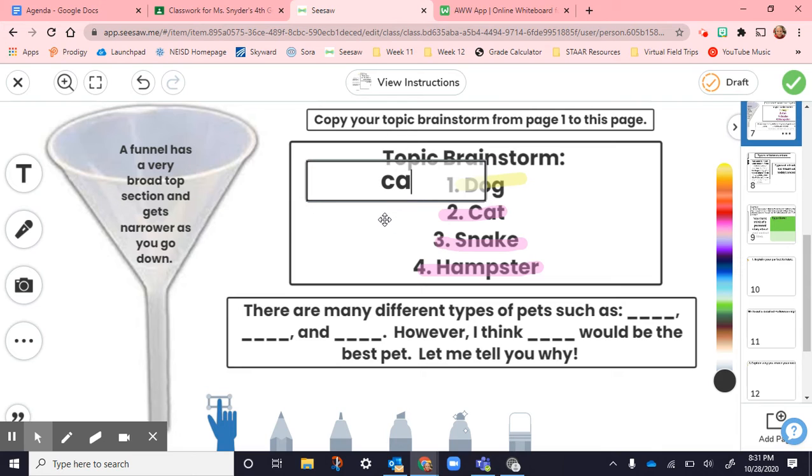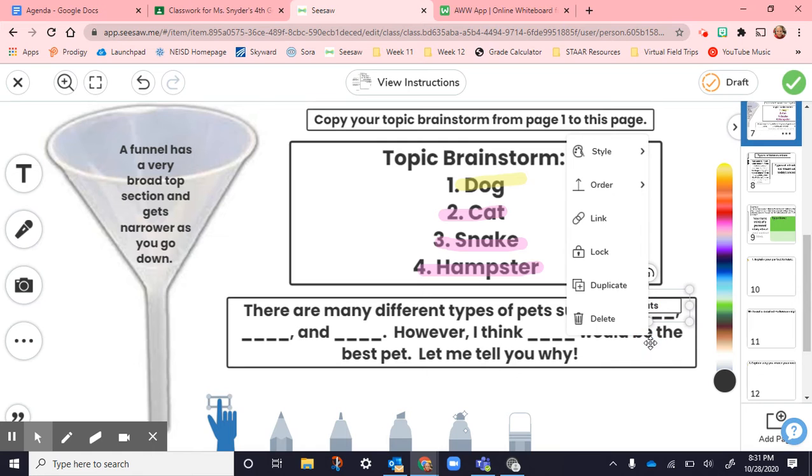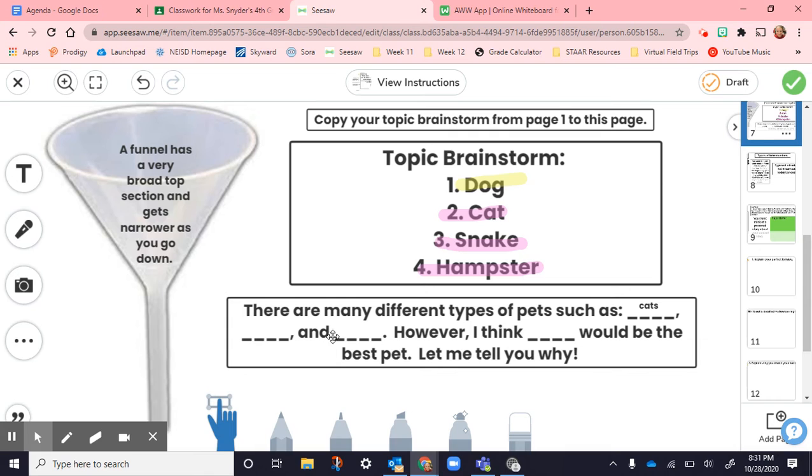So the first one's cat. Second one is snakes.